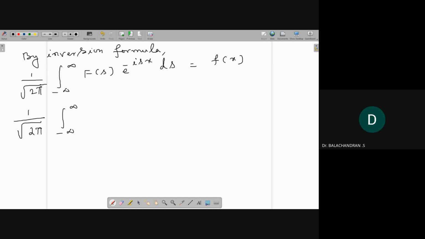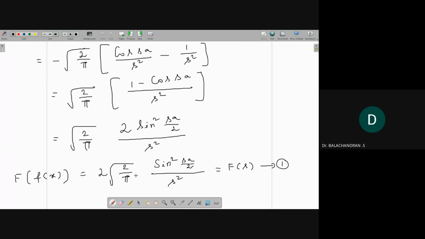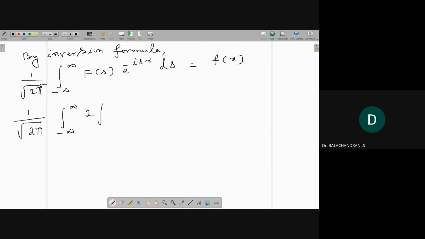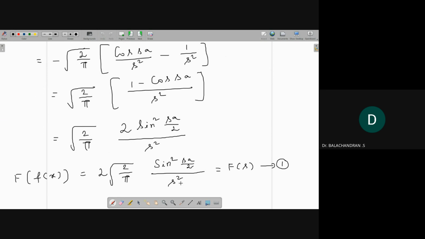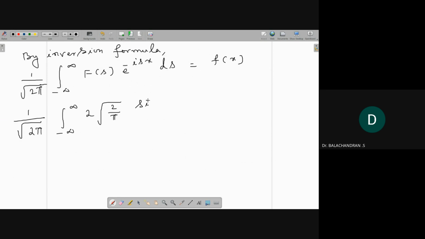What is your F of s? This is your F of s: 2 into root 2 by pi, sine sa by 2 by s whole square, into e power minus isx. e power minus isx is cos sx minus i sin sx, into ds is equal to f of x.